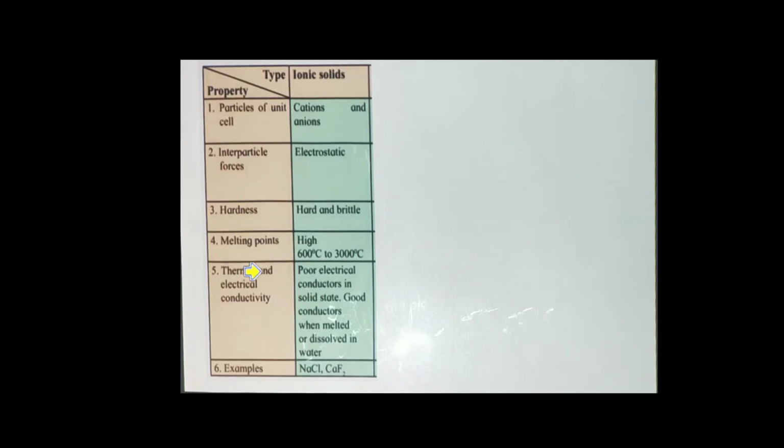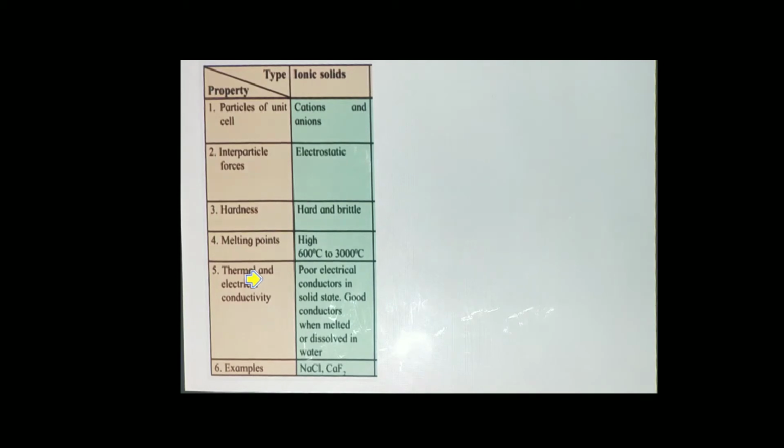These ionic solids are poor conductors in solid state, but remember, they become good conductors when melted or dissolved in water. What happens here? When we melt these ionic solids, the ionic bond breaks up and ions are formed. Since ions are formed, they conduct electricity.